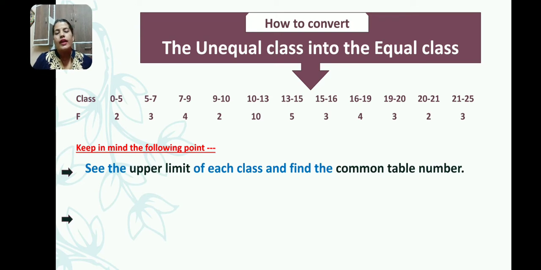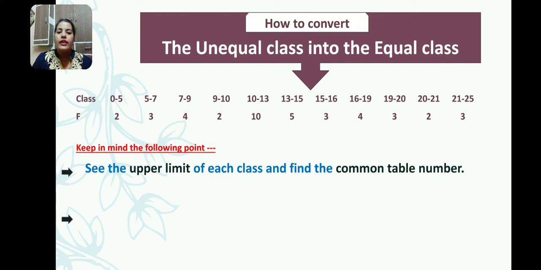Now I am taking examples to explain. If you take the difference of 1, you should have 1 in the upper limits. But 1 is not here, so you cannot make classes with the difference of 1. If you want to take the difference of 2, then 2 should be somewhere in the upper limits, but you can see 2 is not there.